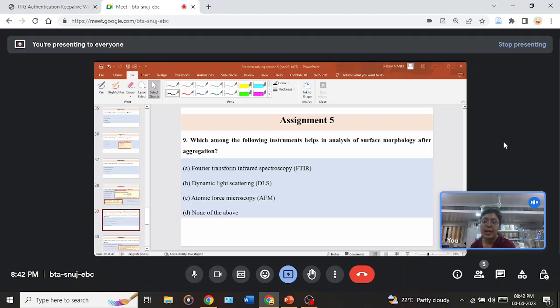Option C is atomic force microscopy, AFM. And option D is none of the above. So you have to decide which of the following instruments helps in analysis of surface morphology after aggregation. How can you know the surface morphology after aggregation? Which instrument helps you to determine this?